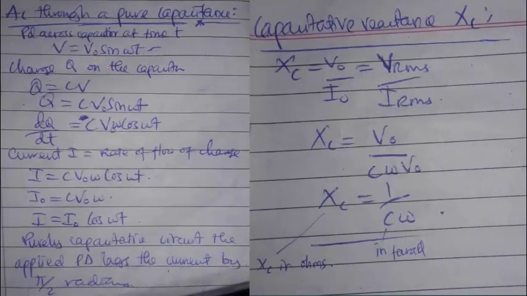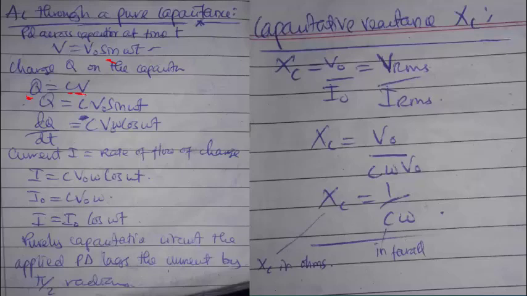Again, for a capacitor, this time the potential difference is the one that is expressed in terms of sine. So we know from our knowledge of electrostatics that the amount of charge is equal to the product of capacitance times voltage across the plates of a capacitor.